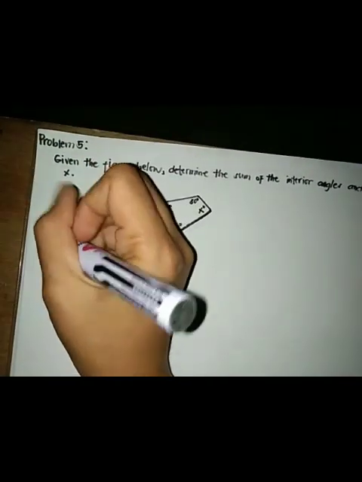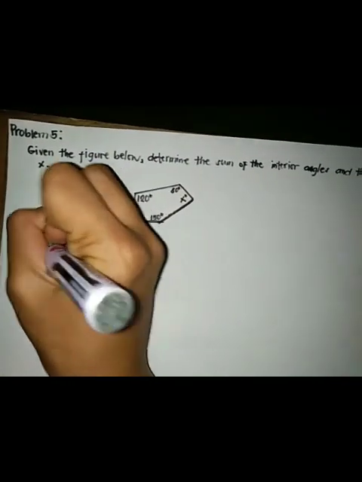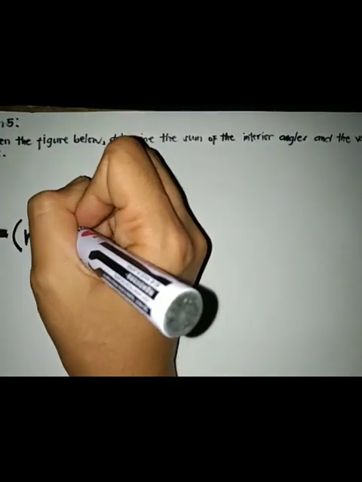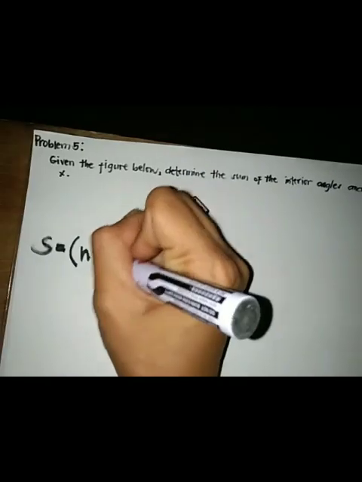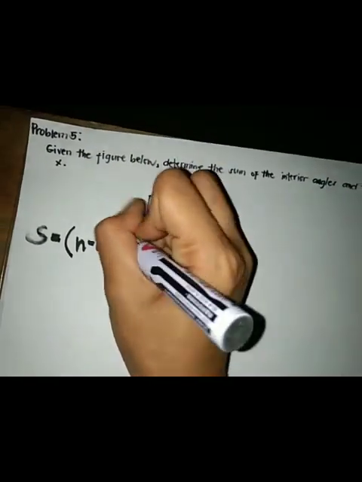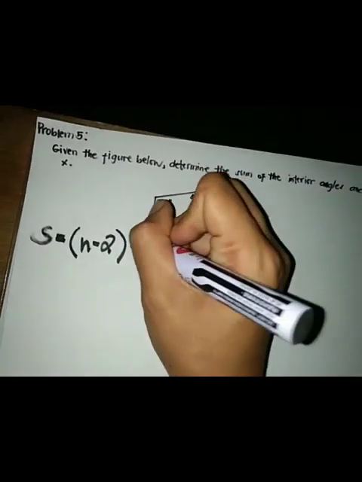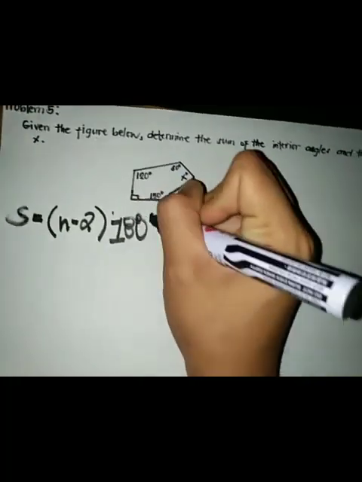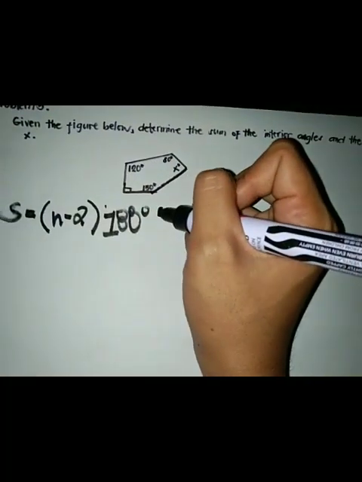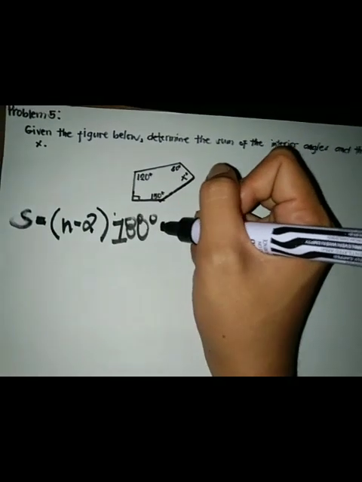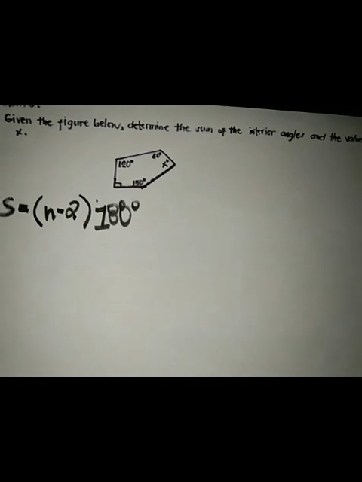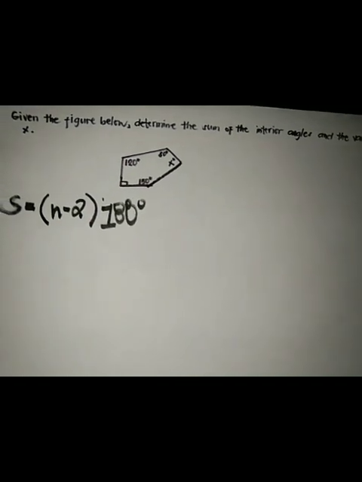So S equals n minus 2 times 180. This is the formula of the sum of the measure of all the interior angles.